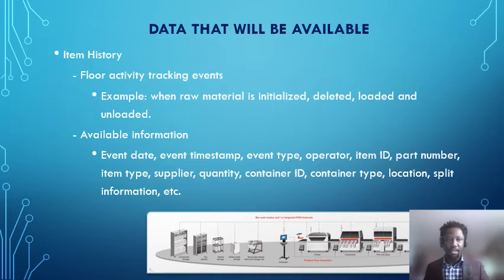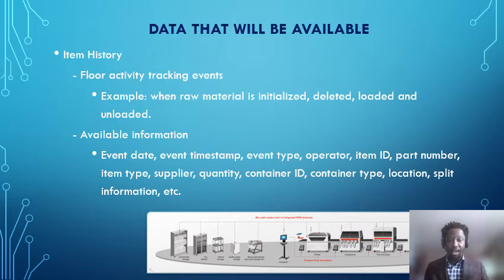So that is that. And the data that will be available: we are going to have the item history. Under the item history, we have the floor activity tracking events. An example of that is when raw material is initialized, deleted, loaded, or unloaded. We are going to have all the history of what has gone through every material.